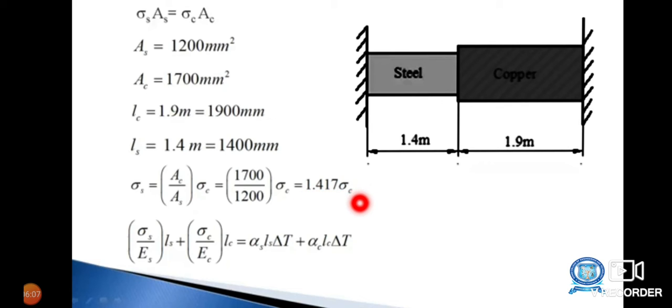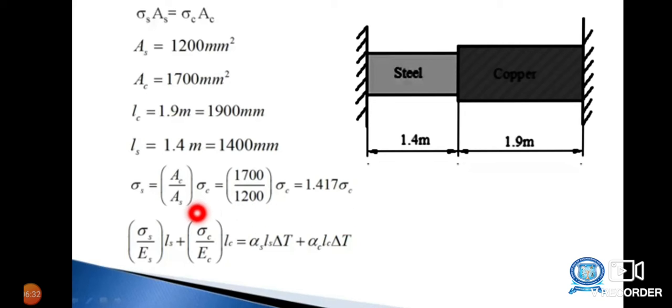So sigma s is equal to 1.417 sigma c. Next we will apply another formula: sigma s divided by E s into L s plus sigma c divided by E c into L c is equal to alpha s L s delta T plus alpha c L c delta T. Okay, that is the formula.